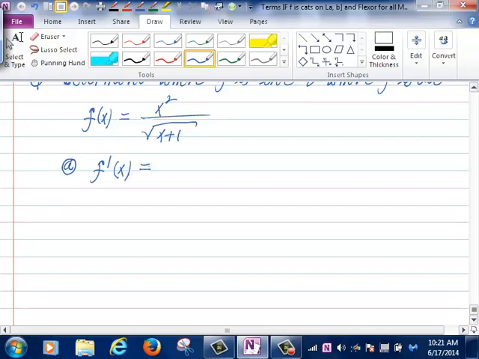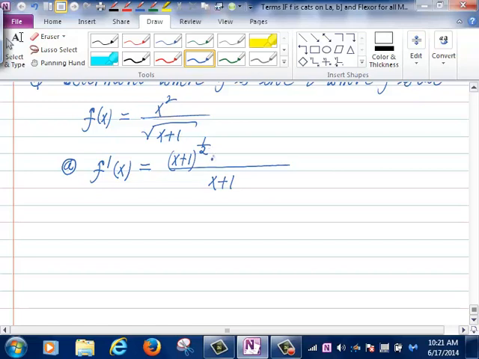And if I find the derivative, what do I get? I have to square the denominator, right? And apply the quotient rule. So if I square the denominator, what do I get? The root of x plus 1 squared, so I get x plus 1. And then in the numerator, I will be getting (x plus 1) to the half. I'm writing half because the root is just the exponent half, right?